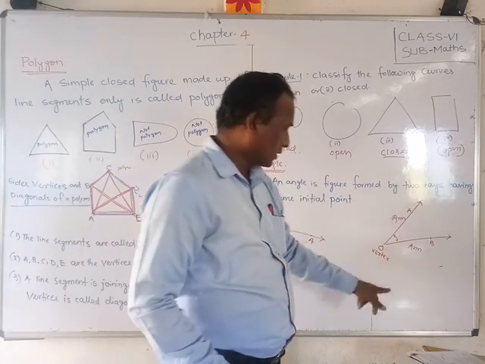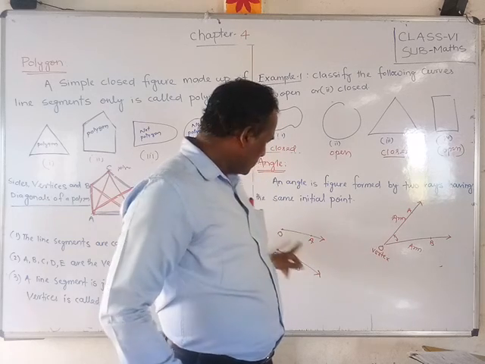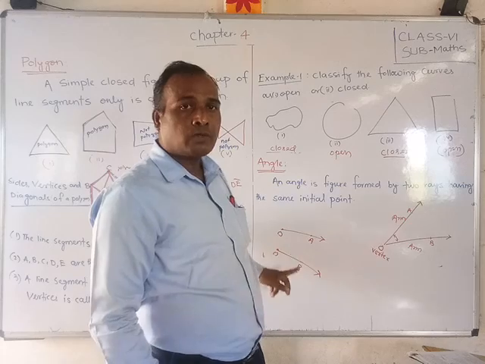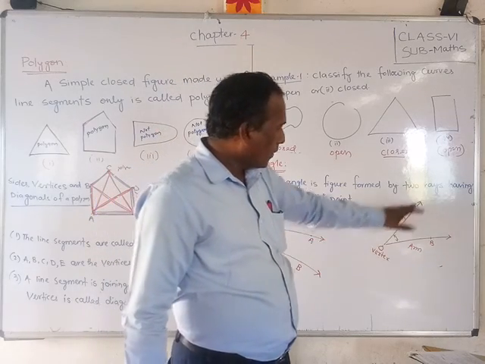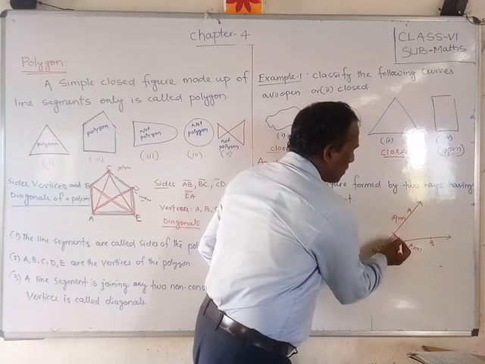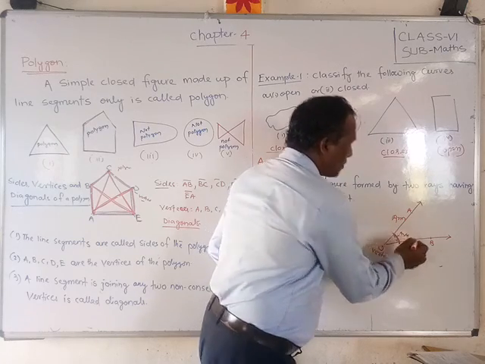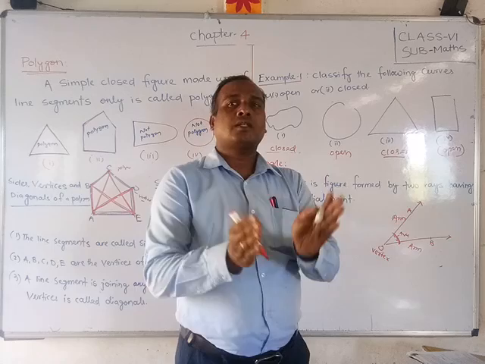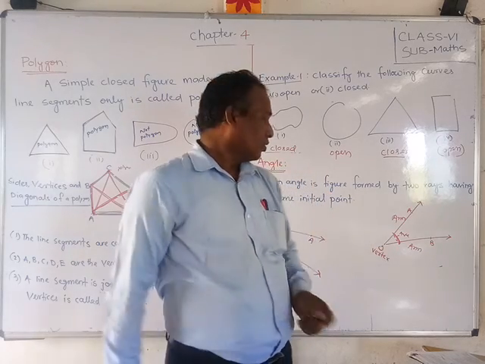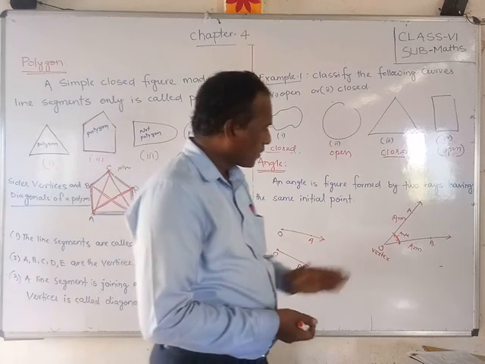You observe the figure, friends. This OA is one ray, OB is also one ray, with the common initial point O. So OA and OB together are called an angle, the area formed between the two rays. Friends, observe another thing.